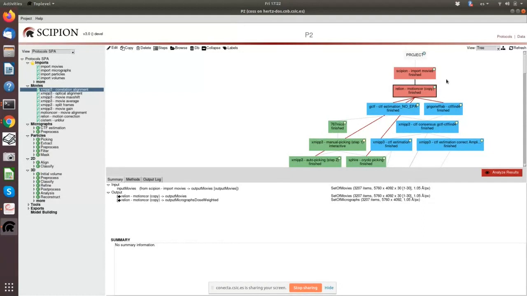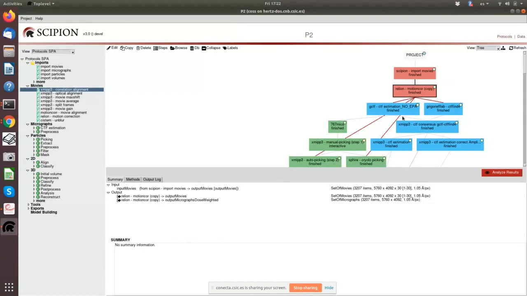So for instance, if you use RELION motion polishing, it requires a RELION motion correction. If you use Xmipp polishing, you require an Xmipp motion correction.